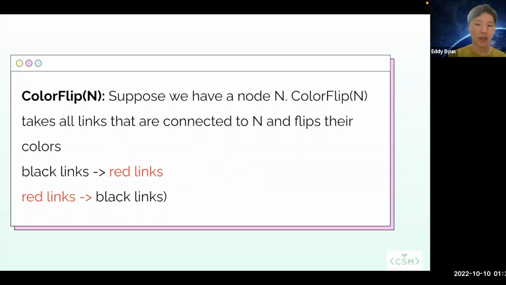And the final operation I want to talk about is the color flip operation. So again, suppose we have a node n. What the color flip operation does is take all the links that are connected to n and flip the color of the links. So any black link that is attached to node n is now going to be a red link, and any red link that's attached to n is now a black link.